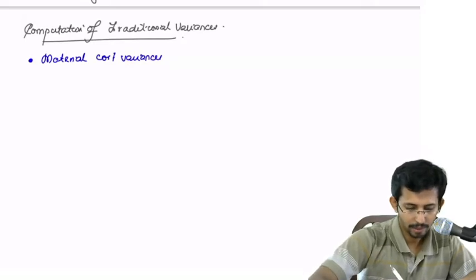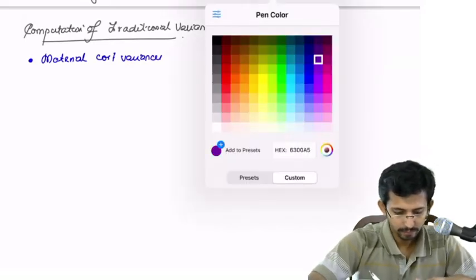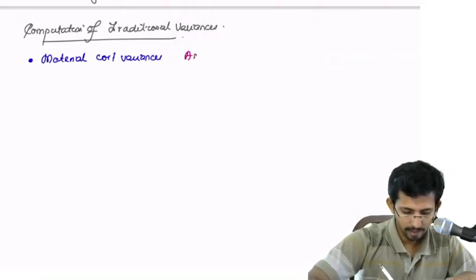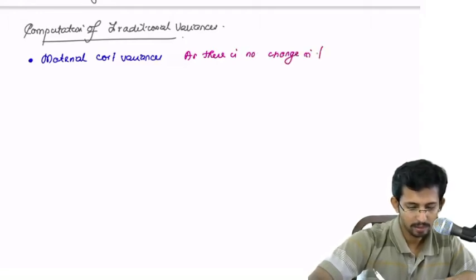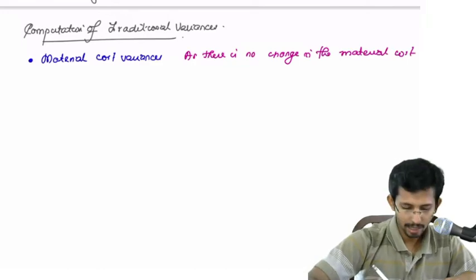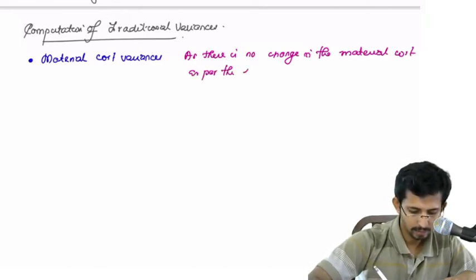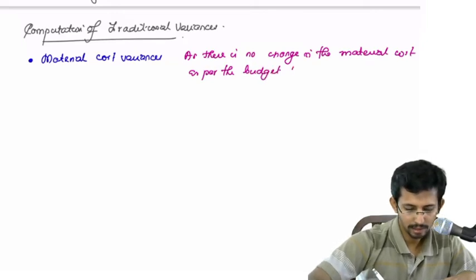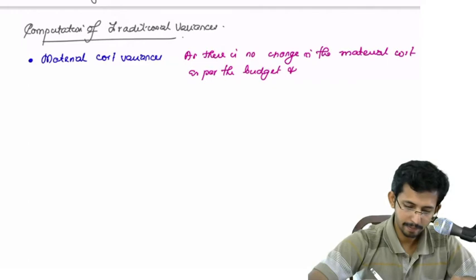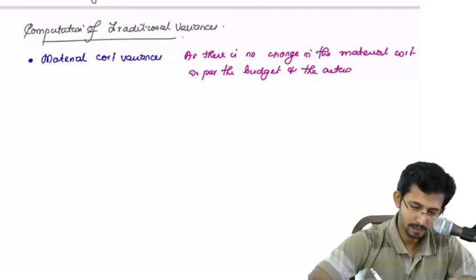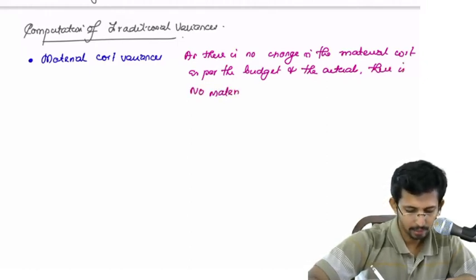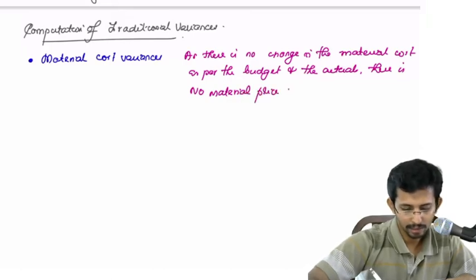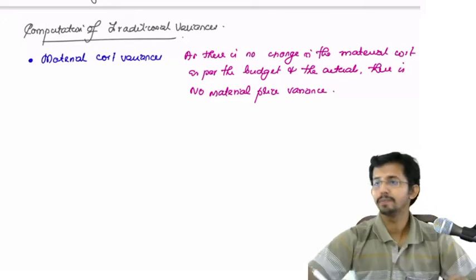Under that you can write, as there is no change in the material cost as per the budget and the actuals, there is no material price variance.